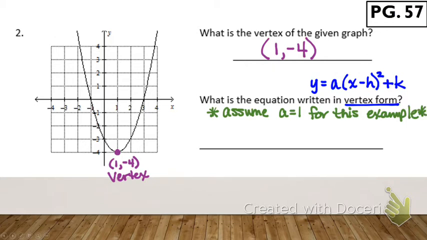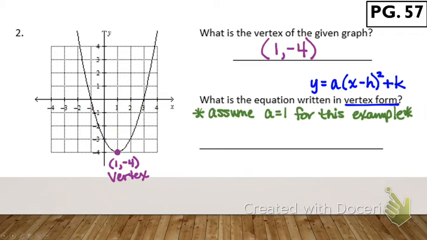The directions should always tell you whether you should make this assumption or not, but we're going to assume that my a value is 1. If my a value is 1 and I'm going to multiply that to something, do I need to write the 1 there? Like, do you need to write 1x? Yeah. We don't have to put the a value there if it's just a 1. All right, I know inside the parentheses I need an x. What do you guys think is going to go inside the parentheses with the x?